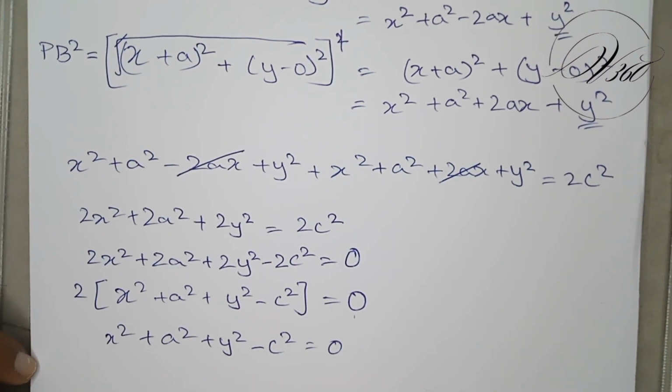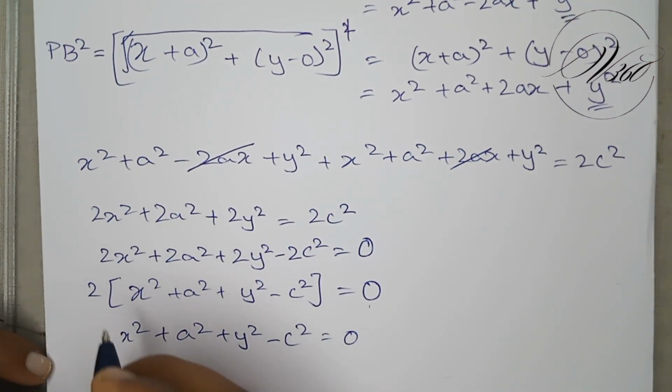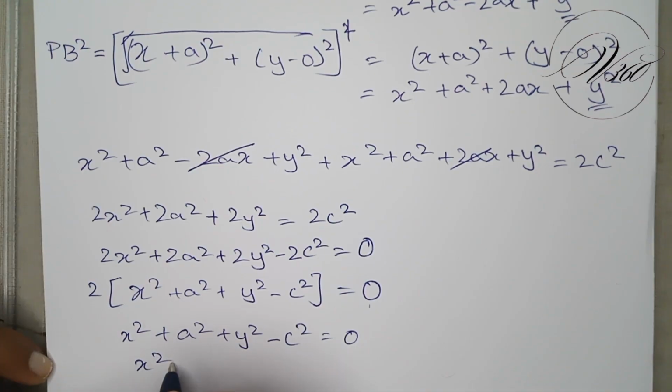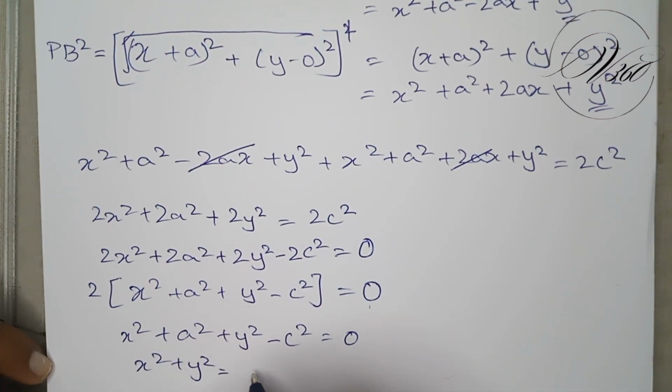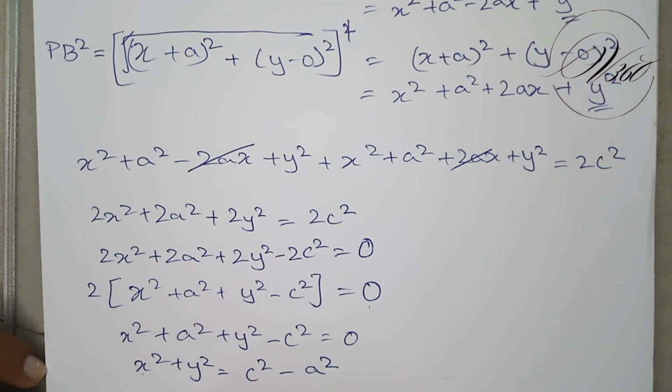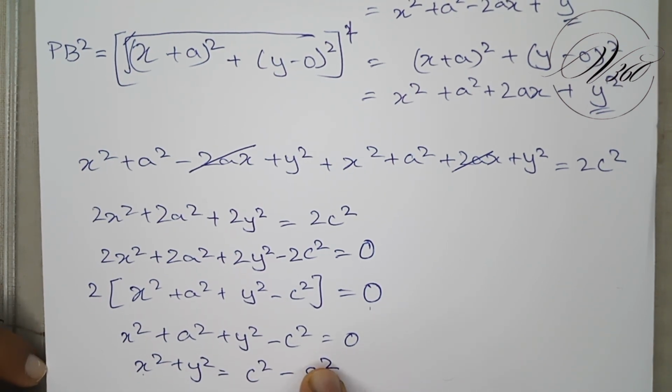I will tell you why I took it, but first I will take it. x square plus y square equals c square minus a square. I took it like this because x and y are in one set, because after x it is y. Similarly here, after a it is c, or before c it is a.